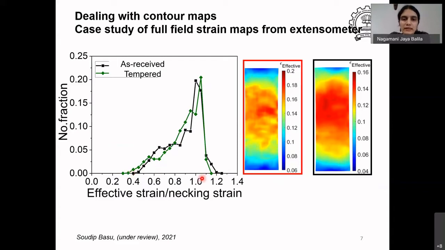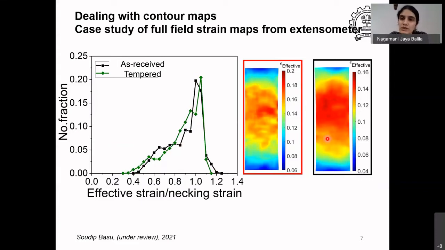But you see that they both have a peak where the applied strain matches, where the maximum fraction of the sample sees the same strain as the global applied strain. This is what this tells you. So more or less, both these samples are undergoing uniform deformation up to that point.